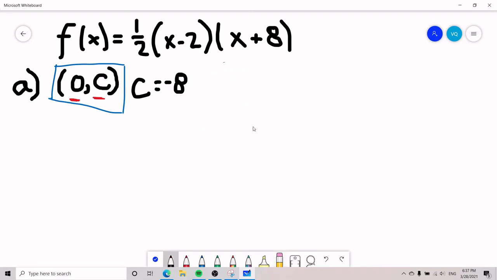is that we know that all quadratic functions have the form ax squared plus bx plus c.